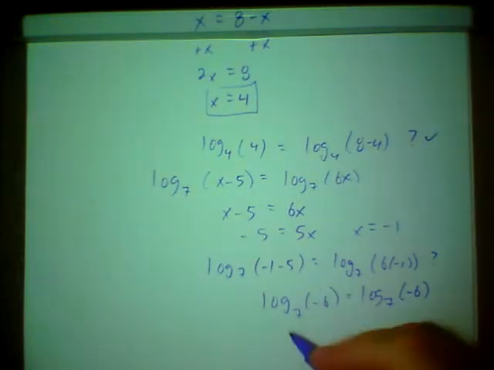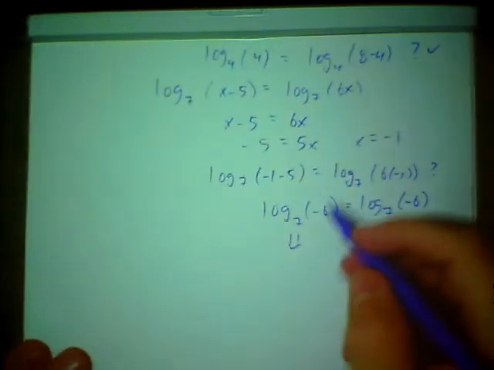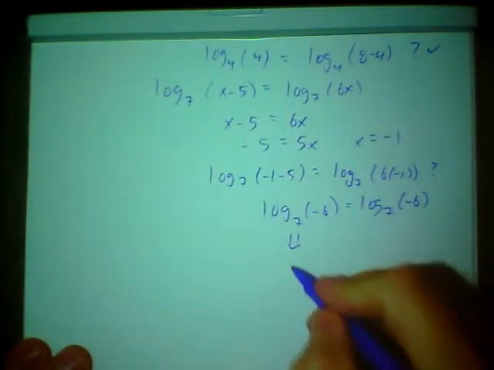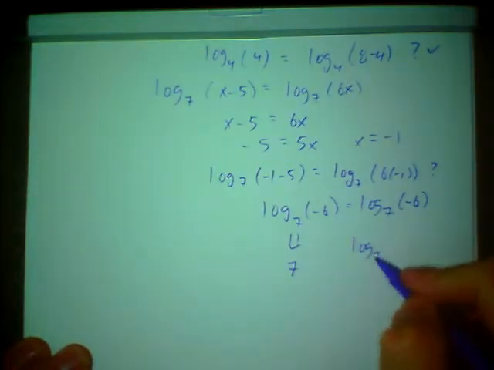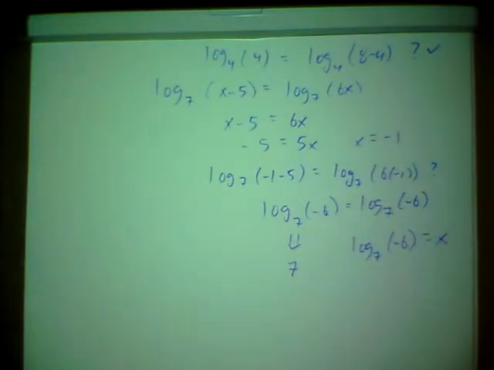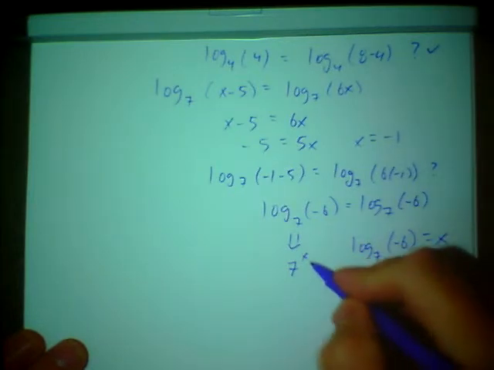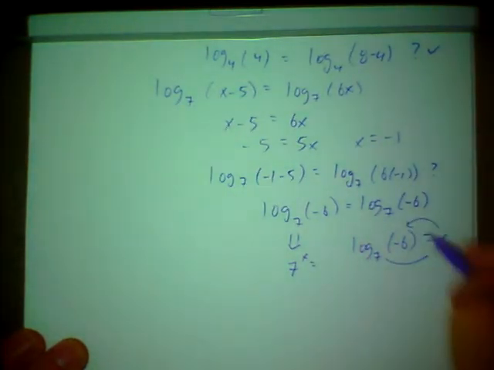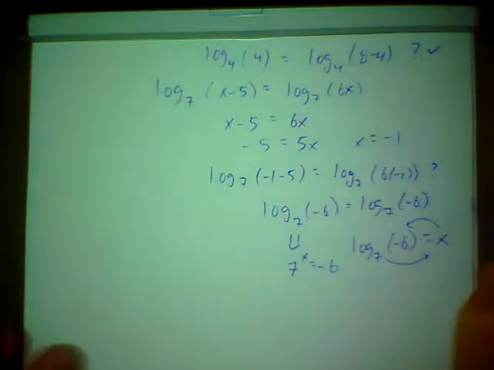And just to prove to you, if I try and convert that to an exponential, let me write it. So if I wrote it like this, I would say 7 to the x equals negative 6.